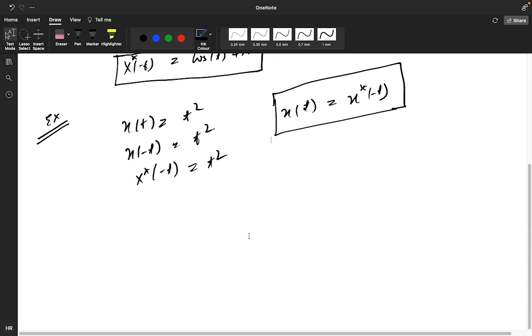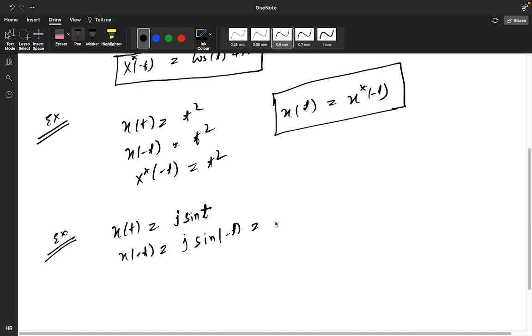Now the third example. x of t is equal to j sine t. Okay, so x of minus t will be j sine of minus t, so you will get minus j sine t.